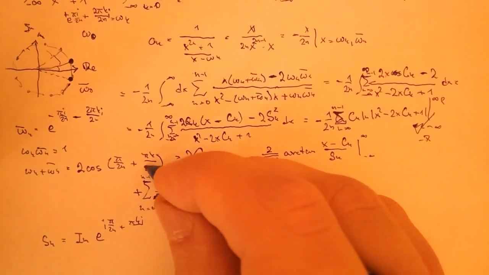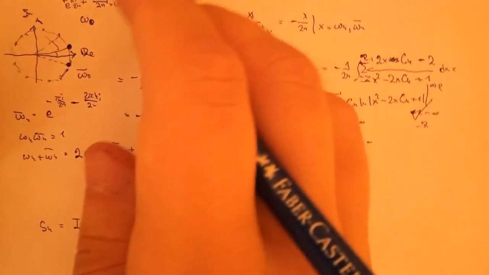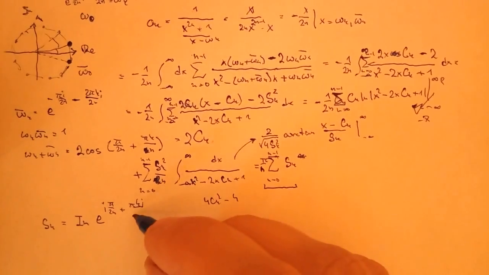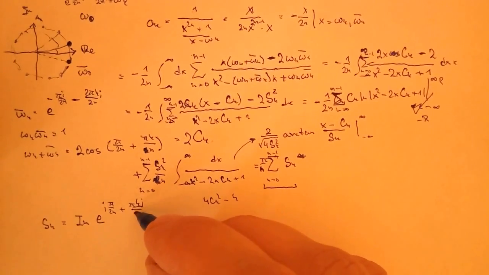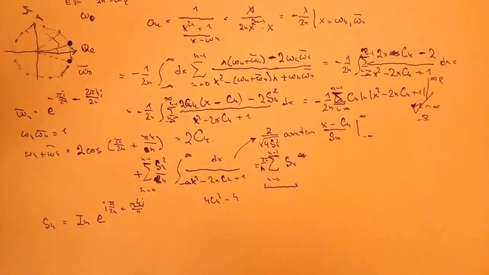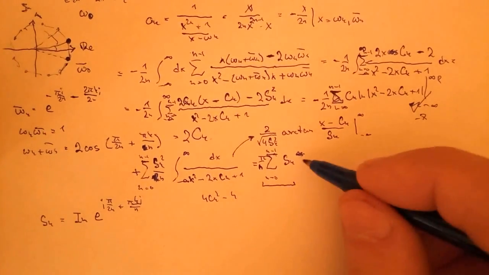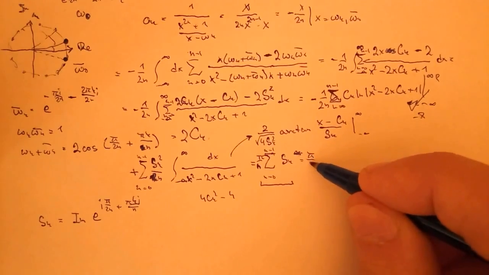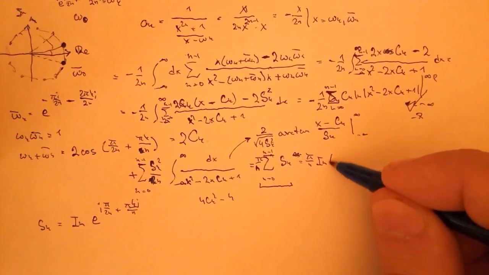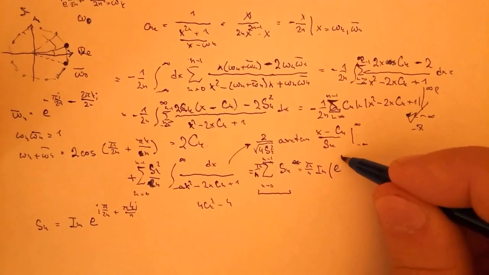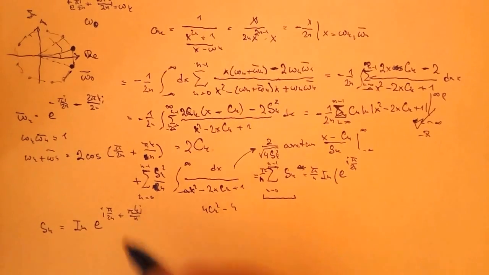I'm sorry, there should be no 2's in there, so there is pi k over n just, and this summation, I will just sum these terms, so this should be pi over n times the imaginary part of this. The constant in k is exponential i pi over 2n, and there is a geometric series.